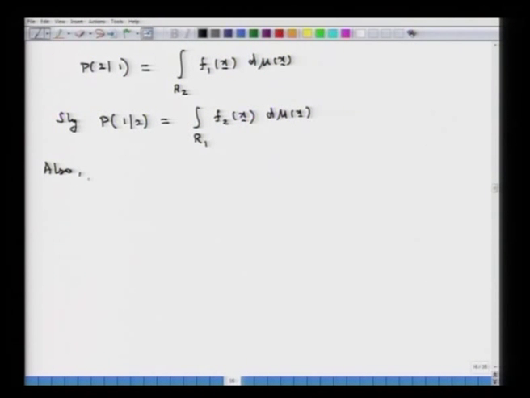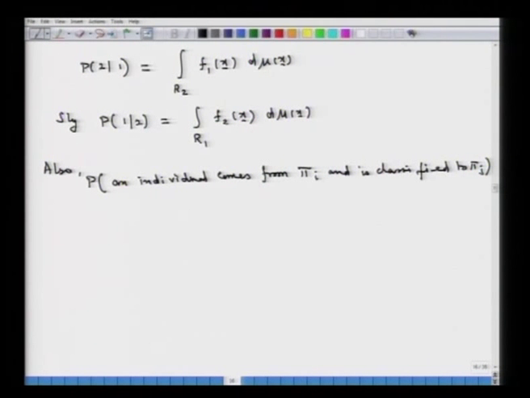Also, if we look at this probability that an individual comes from pi I and is classified to pi j, note that this is different from pi given j.